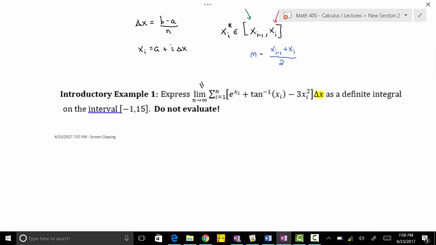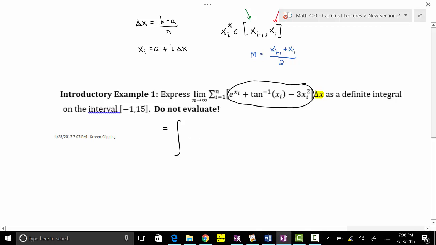So that limit notation that you read right there is defined to be the integral of the function that we have in here without the x sub i's, just e to the x plus tan inverse of x minus 3x squared. And then that delta x, because we're taking these slices infinitely thin, because the limits go to infinity, we call that a dx.